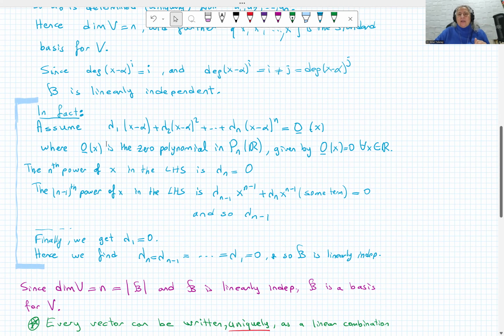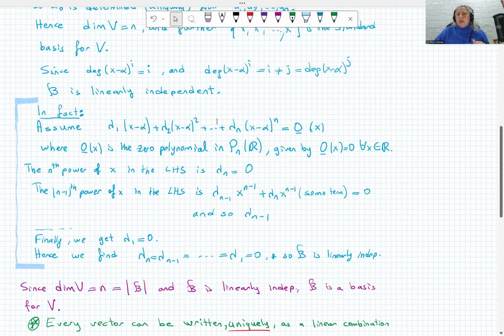And if you want to prove that, you just take the linear combination of those powers of the linear factors and make it equal to the zero polynomial. And the zero polynomial is a polynomial that gives you 0 for each x. Then you look at the coefficients of x to the n here, the coefficients of x to the n minus 1 here, and compare them with the right-hand side.